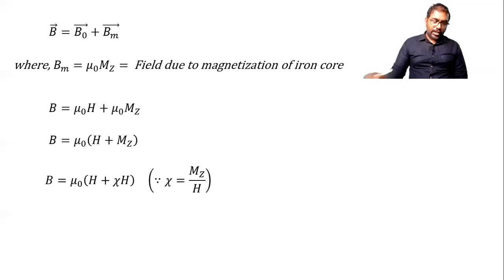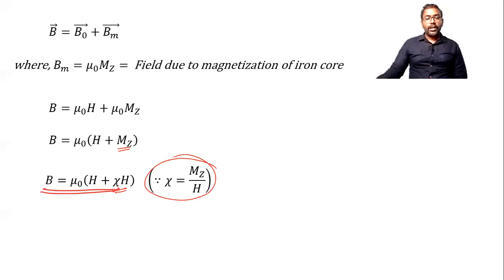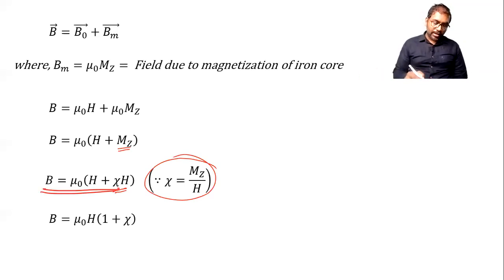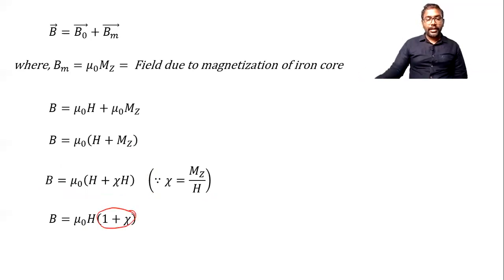Then this magnetization we can write as susceptibility into the magnetic intensity H by using this formula. Then we get this equation for B. Here H we can take common, so mu 0 H is outside and 1 plus susceptibility is in the bracket. Now this 1 plus susceptibility is the relative permeability.